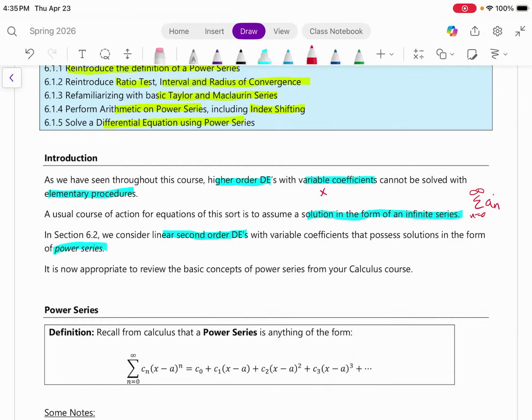And what is a power series? It's an infinite series as well, but this is where we have an x to the n. It's a power series because we now have that variable x.